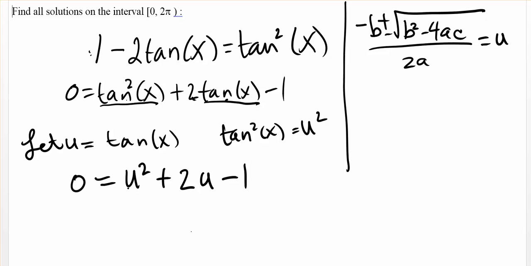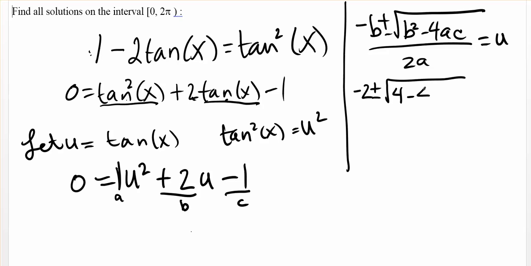And so if I put a 1 here, this is my a, 2 is my b, and negative 1 is c. So I get negative 2 plus or minus the square root of 2 squared, so 4, minus 4 times 1 times negative 1, all over 2 times 1.